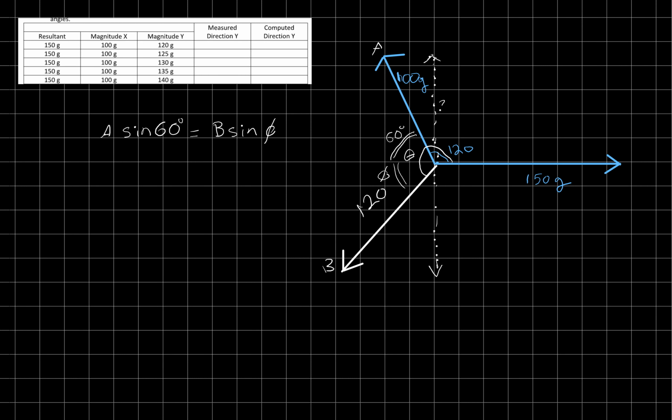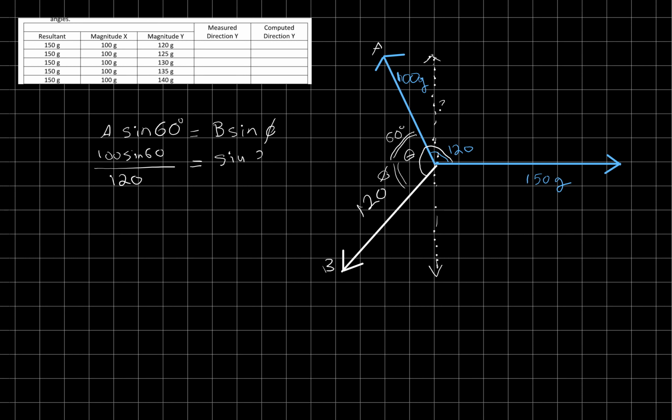We have A and B. Those values are 100 and 120. So we have 100 times sine 60, divided by B, which is 120. That should equal sine phi.